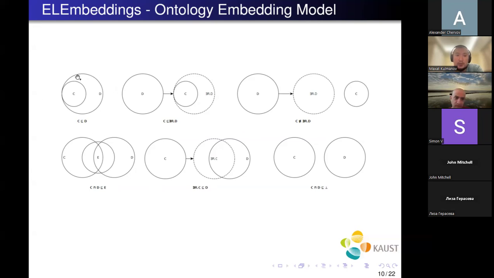The first loss function would go to 0 if, for example, C is a subclass of D, then the n-ball of C lies inside the n-ball of D. In that case, the loss function would be 0. When there's a relation, the circle of D is translated into another circle, and C will lie inside it. So we use this geometric model to learn an ontology model.